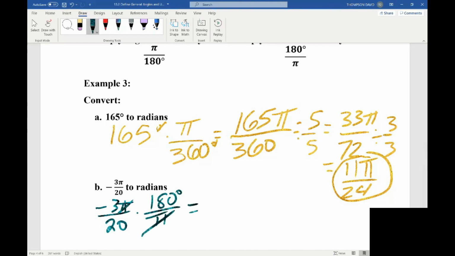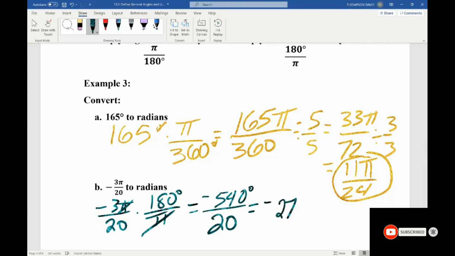So negative 3 times 180 would be negative 540 all over 20. And don't lose the degrees. We're going to divide it by 20. So we're left with negative 27 degrees, and we're done.